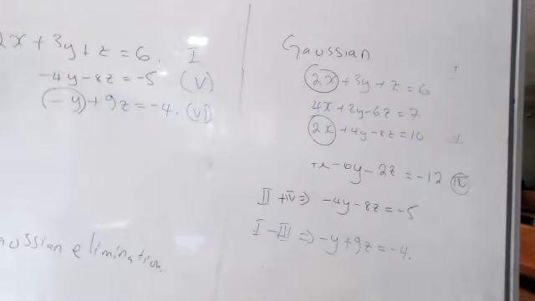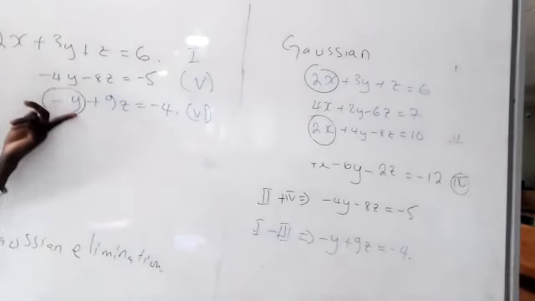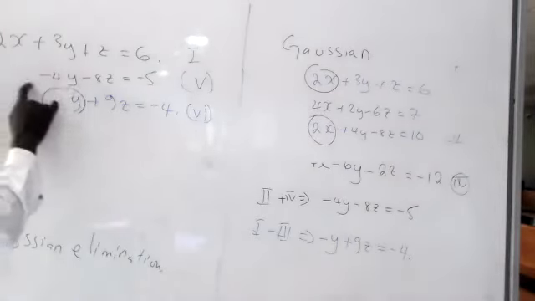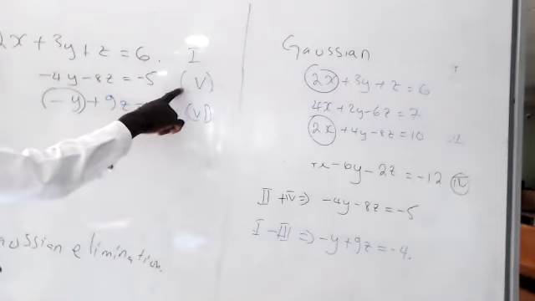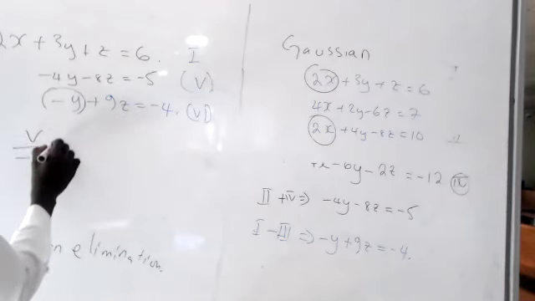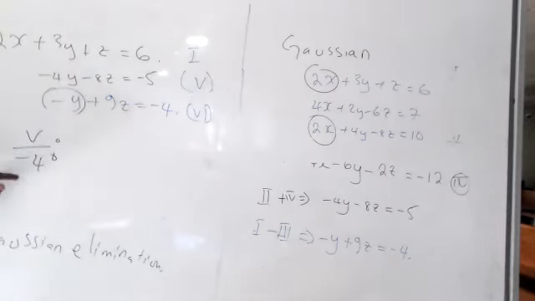The goal is to make sure that the coefficient of y in the second equation is either -1 or +1, so that I can eliminate by addition or subtraction. And I decided to make sure that the coefficient of y in equation 5 is +1.